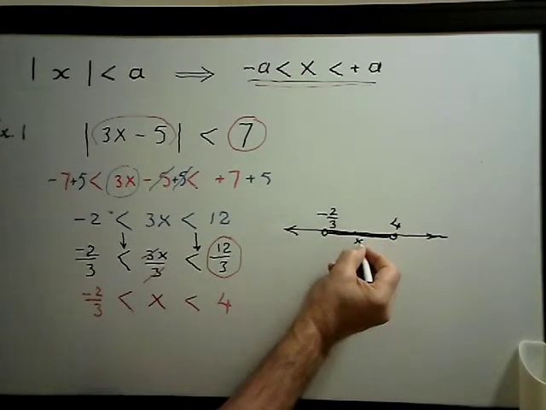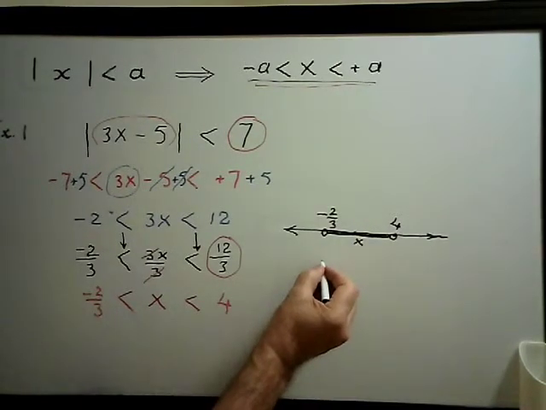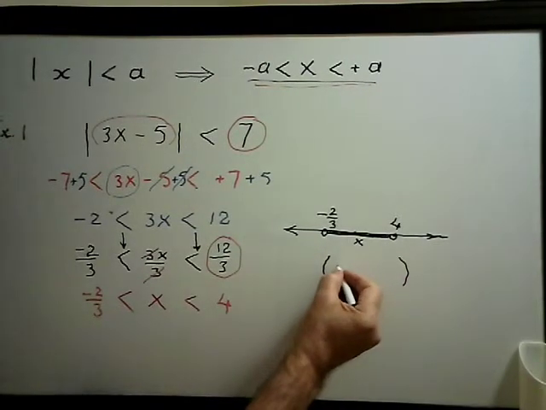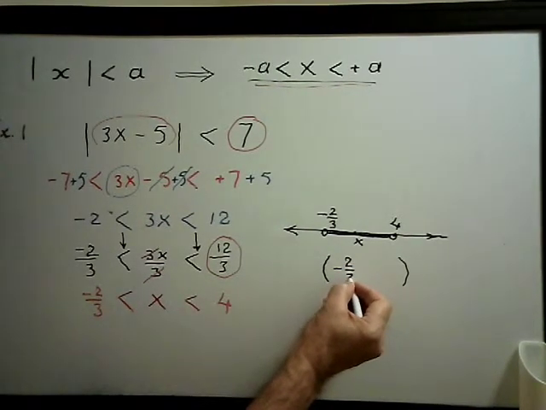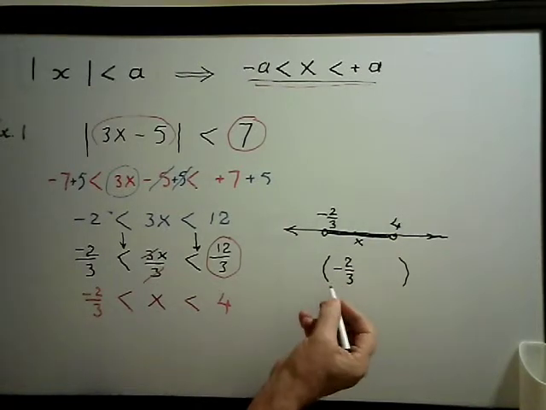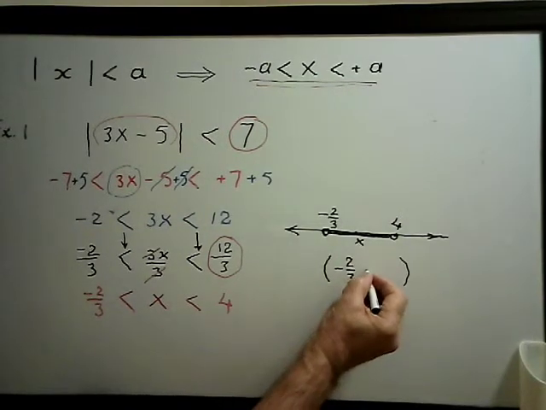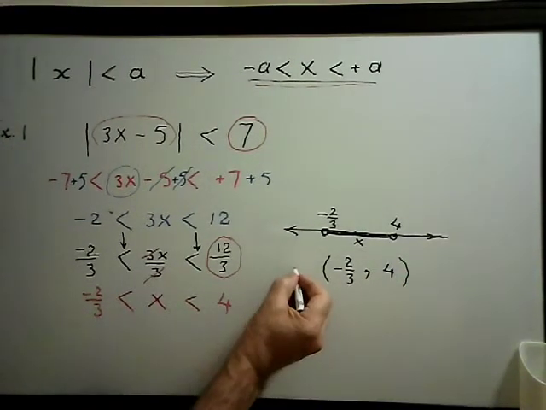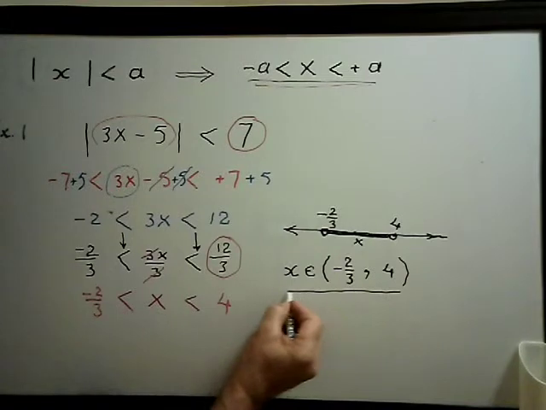We can write it as the interval starting after negative 2 over 3, that means not including negative 2 over 3, that's why it's open here, and ending just before number 4. So x belongs to this interval. This is the solution.